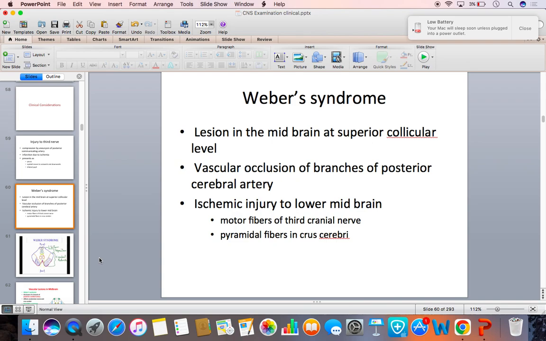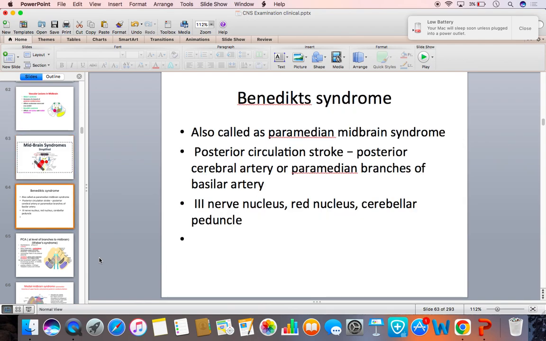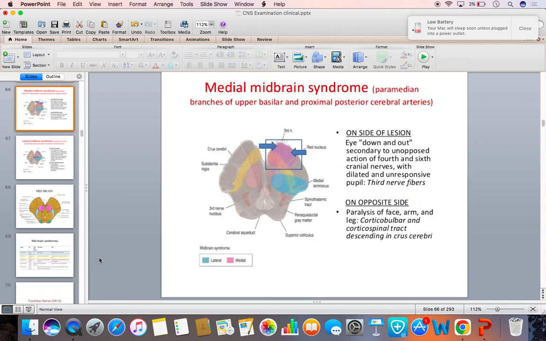This is also described as medial midbrain syndrome. Medial midbrain syndrome is also described as Weber syndrome. It is because of the involvement of the branches of the upper basilar and proximal posterior cerebral arteries.